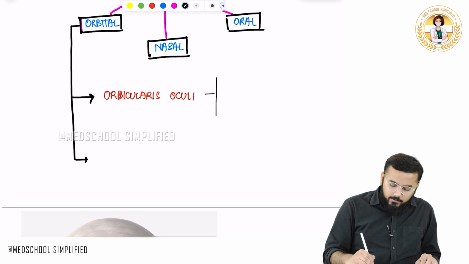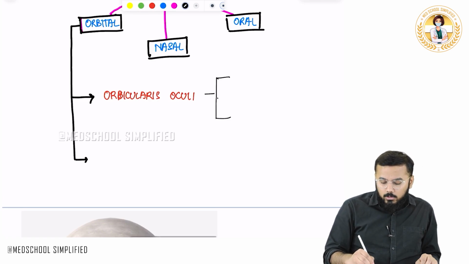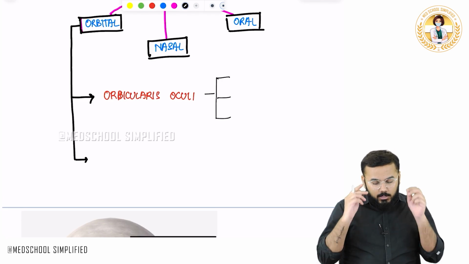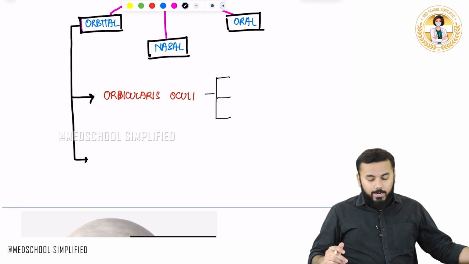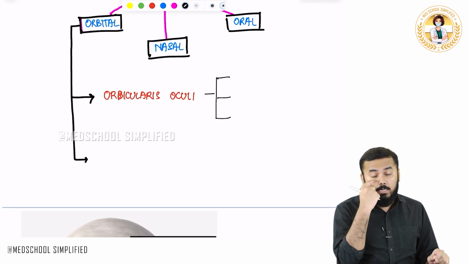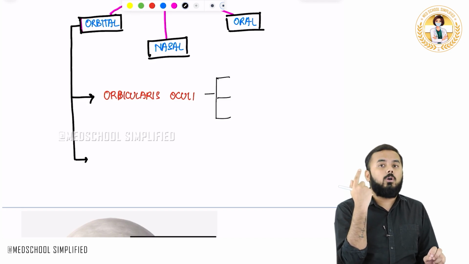Within this Orbicularis oculi there are three parts. The muscles surrounding the eyeball like this are called orbicularis oculi.